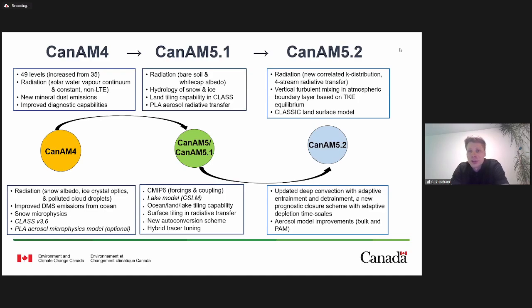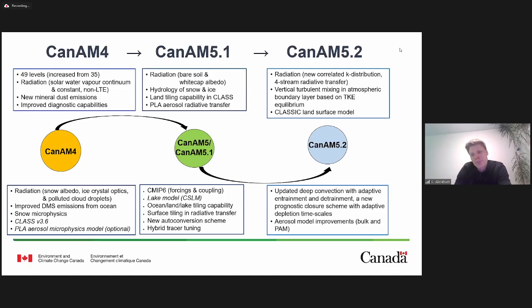We rewrote basically the whole atmospheric boundary layer scheme, and it's based now on the turbulent kinetic energy budget equilibrium. We have included a new land surface model, Classic, which is based on the old one, and Vivek is going to talk about this directly after this talk, so I'm also encouraging you to stay around for that. I'm not going into any details from that, as Vivek can explain that much better than I.